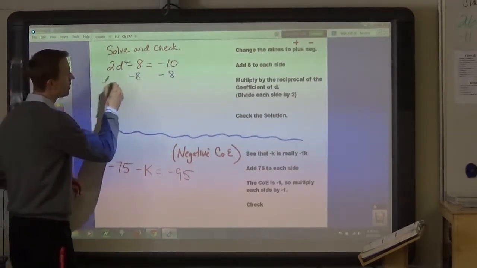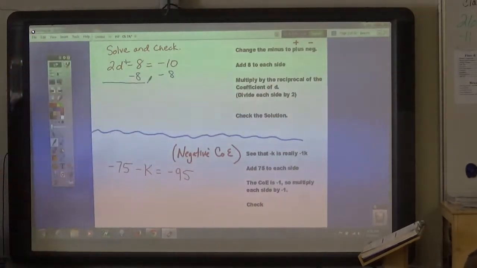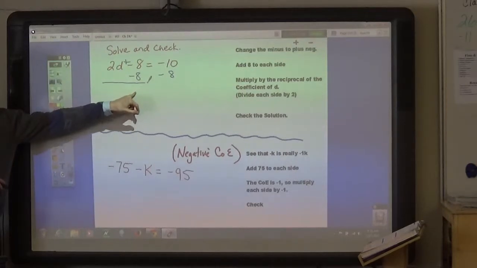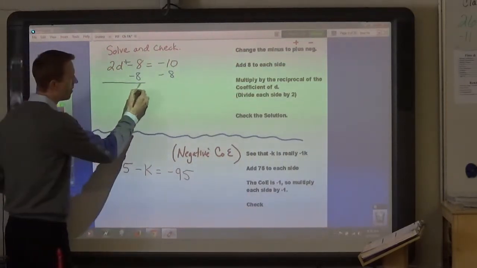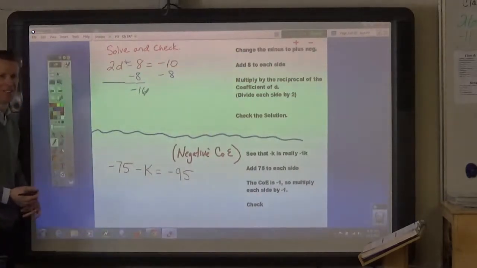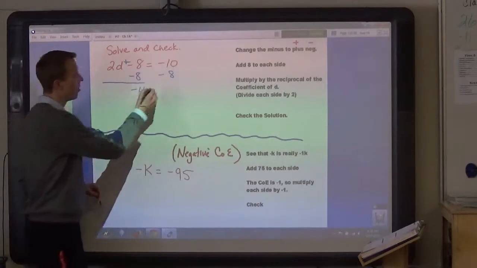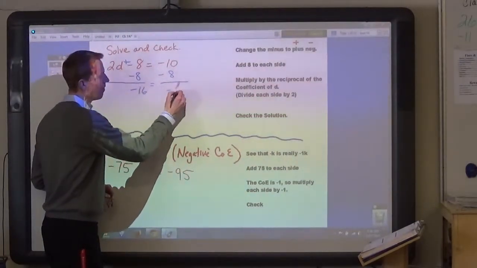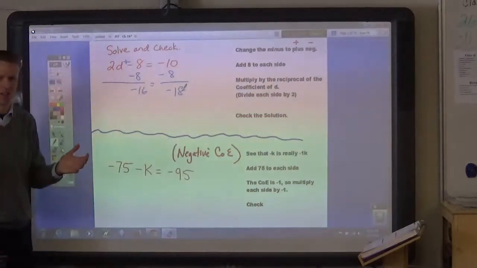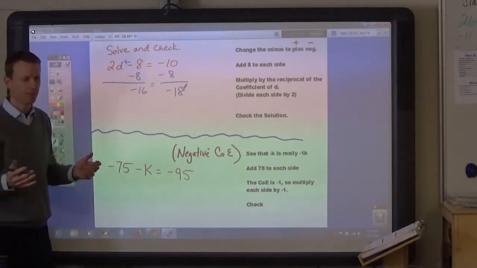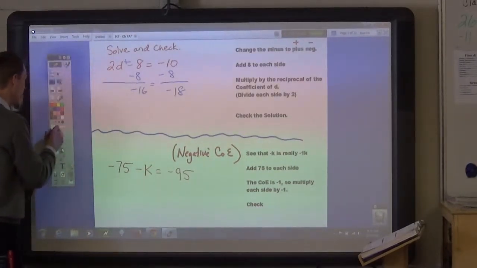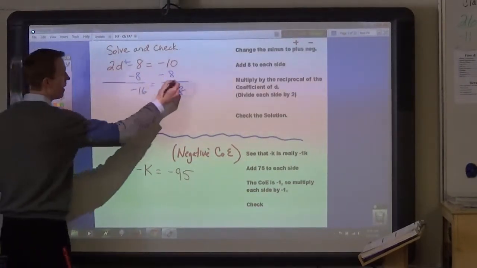Well, what would you get if you put minus 8 there? If you added down, what would you end up with right here? Nikki? Negative 16. That doesn't help us solve this. Then we have 2d minus 16 equals negative 18. That doesn't help us solve. Right? We have to get rid of the negative 8.